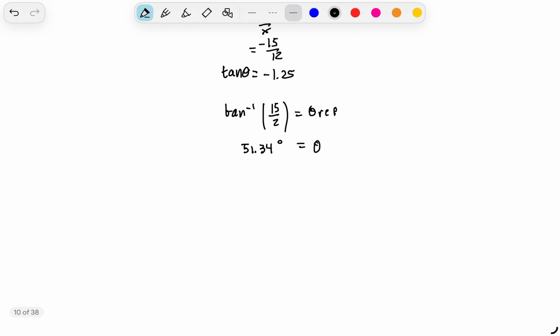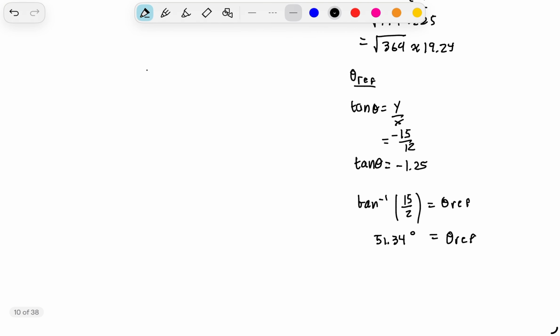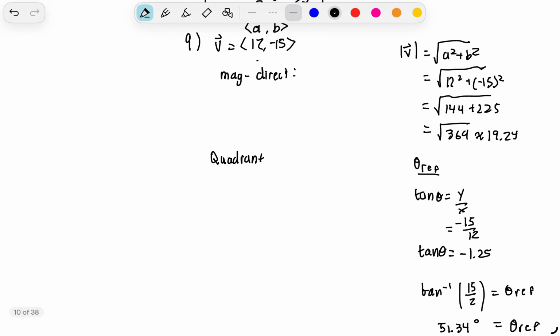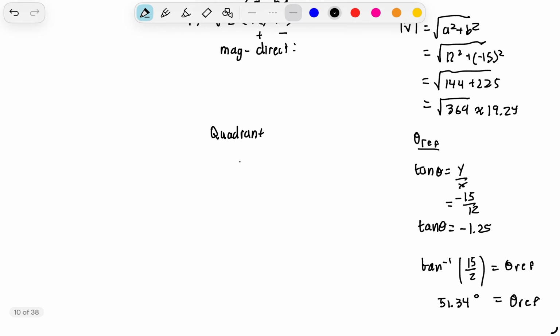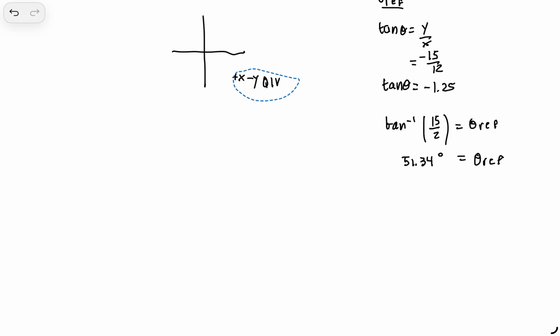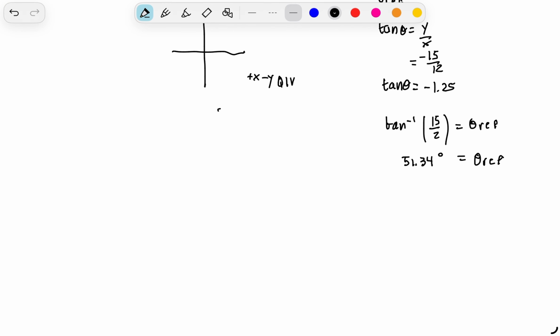So now that we have our reference angle, we need to know the exact quadrant that it's in, because our reference angle would only be in quadrant 1. So because we have 12, negative 15, we have a positive x and a negative y. So when do we have a positive x and a negative y? That's going to be when we're in Q4. So when we have an angle in Q4, this means that we would have 360 degrees minus our reference angle.